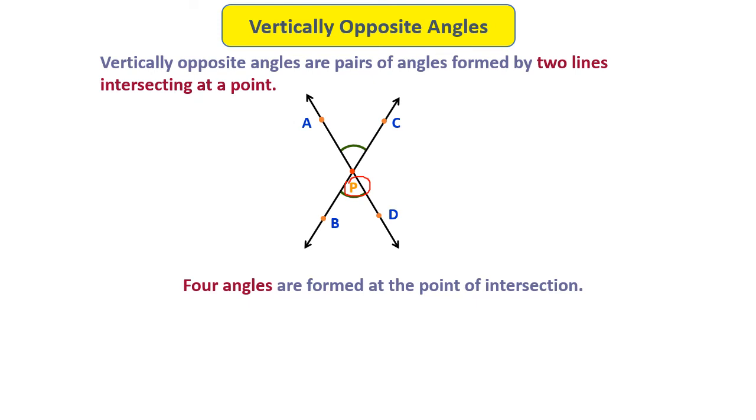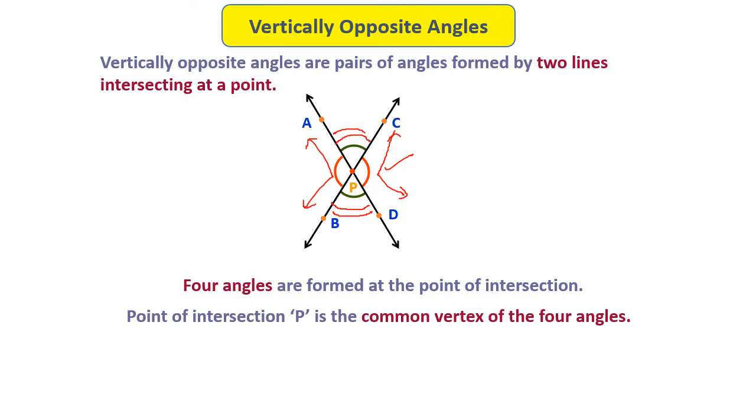So angle APC in this diagram, this angle, and angle BPD are vertically opposite. Similarly, angle CPD and angle APD are also vertically opposite. Although they are not literally vertical, we use the term vertically opposite, right?